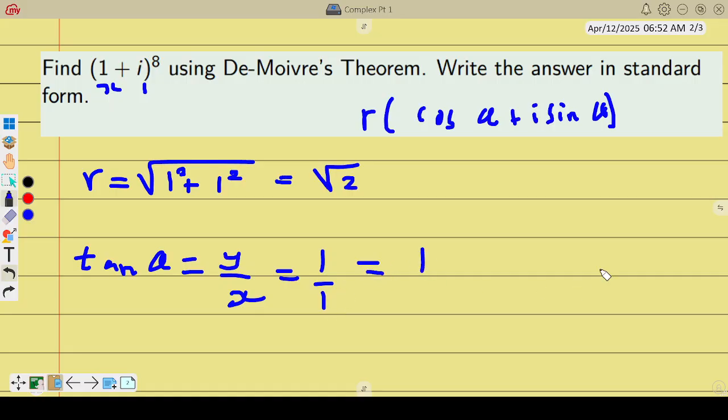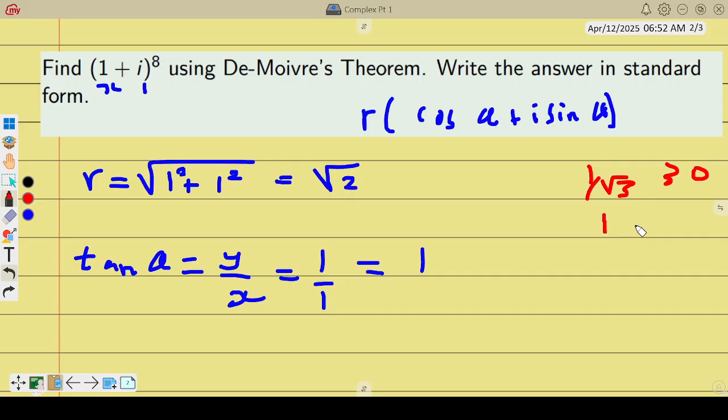This is just 1. Remember, when you see a 1 dealing with tan, the angle we're talking about is 45. I don't know a way in which we can remember, but I think they are just few. 1 over root 3 is 30.